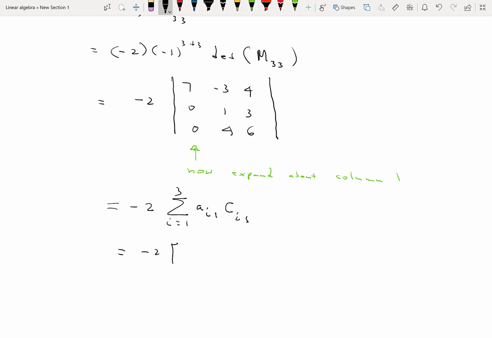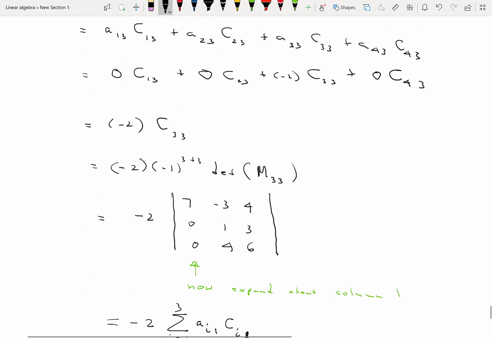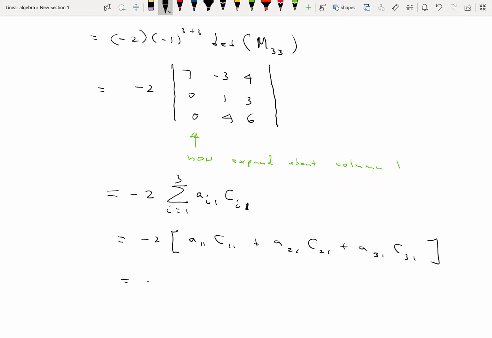Written out, it looks like A11 C11 plus A21 C21 plus A31 C31. But only A11 is a non-zero entry. So this is negative 2 times 7 C11 plus 0 C21 plus 0 C31.